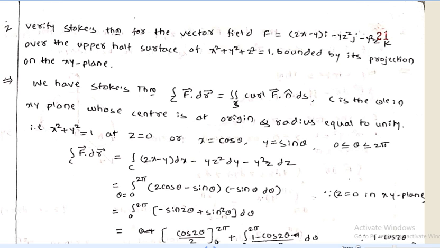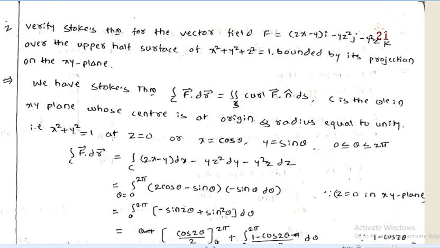If x square plus y square plus z square equal to 1 represents a circle, then we have to assume the z value as 0. Then it becomes x square plus y square equal to 1. So we denote x square plus y square equal to 1 when z equal to 0. If z is not equal to 0, then it cannot represent the circle.